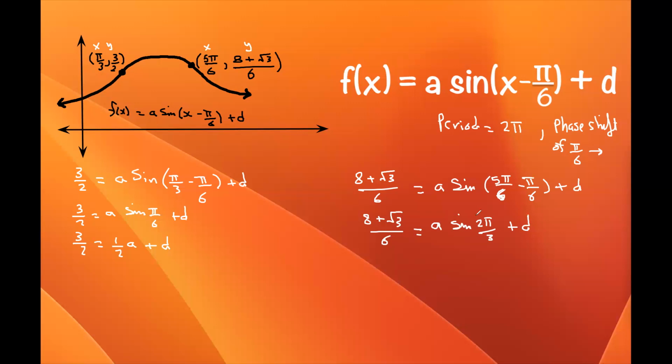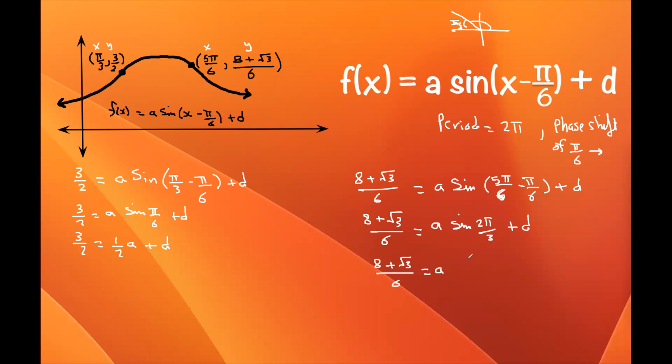Now this angle here, if I just draw it right here, it's in the second quadrant. 2 pi over 3 is in the second quadrant with the reference angle of pi over 3. And if the reference angle is pi over 3 and the sign in the second quadrant is positive, then here we're going to get 8 plus root 3 over 6 equals A sine pi over 3, that's 60.